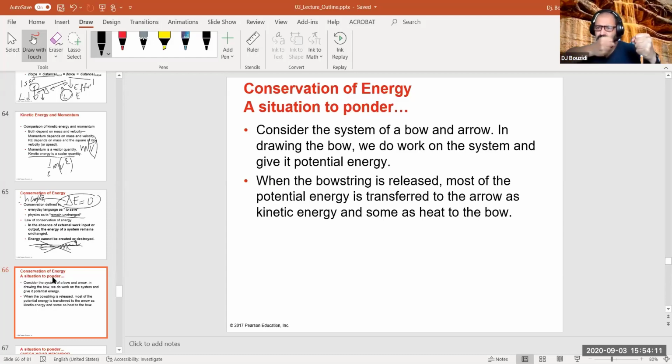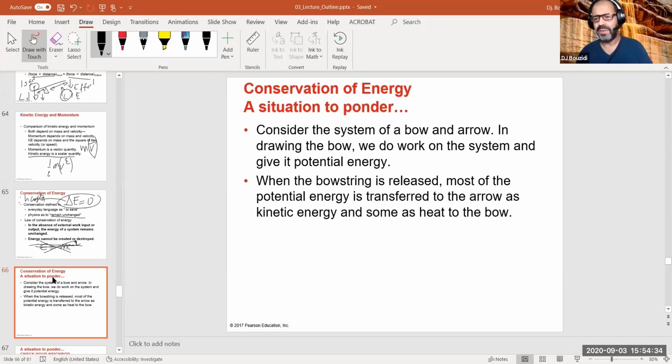It takes energy from your muscles, from your body, to give it the initial energy. Now, you have a system that has been disturbed out of its equilibrium because you have now the bow stretched, and if you let go of it, the spring will push back to its equilibrium position, converting its energy back into the arrow in this case.